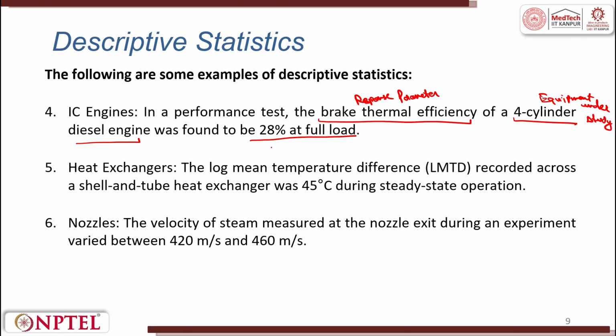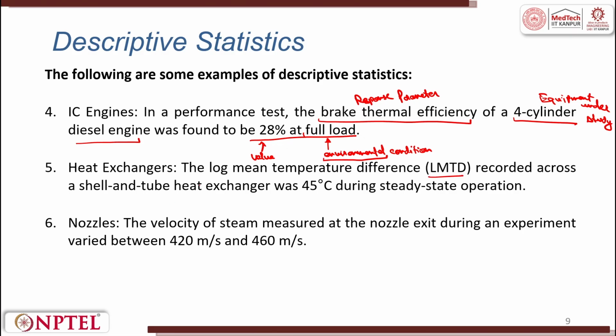Then we talk about the value. What is the value that came out, and what is the condition? This is the environmental condition. Using the word environmental here doesn't mean we're talking about the overall environment. We're talking about in what condition this is run. In full load, it is 28%. In half load, it could be 46% or something.